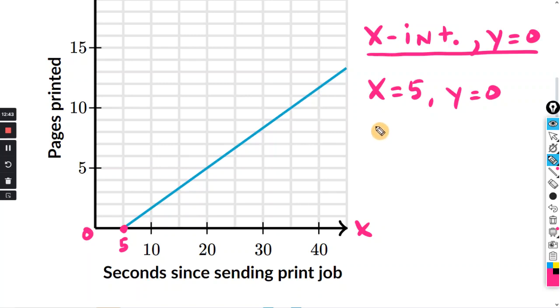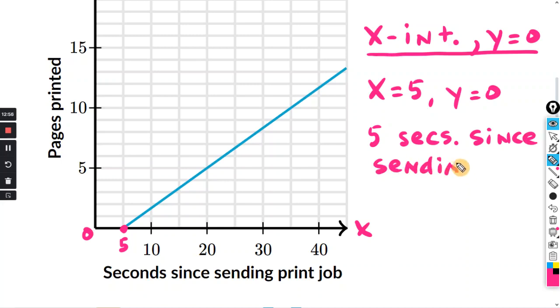5 seconds since sending the job, and that translates to y equals 0. We said y equals 0, and y is pages printed.